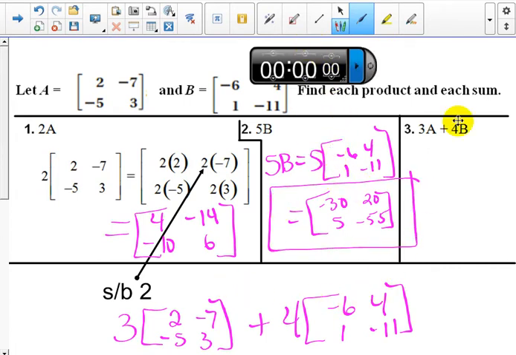Okay, so you should be pretty close to finished. If not, make sure you get the correct answers written down.